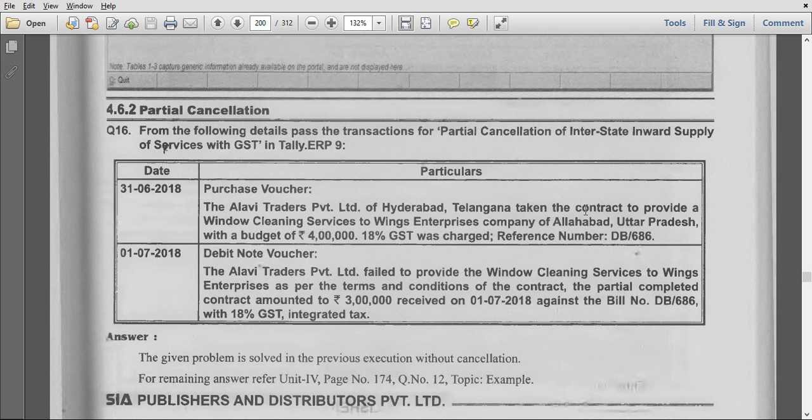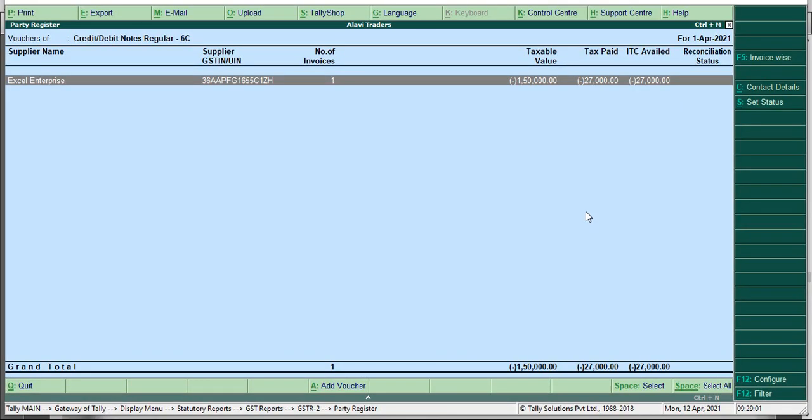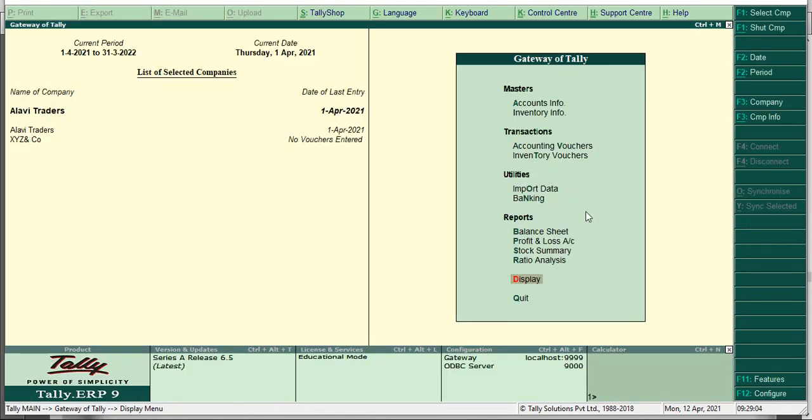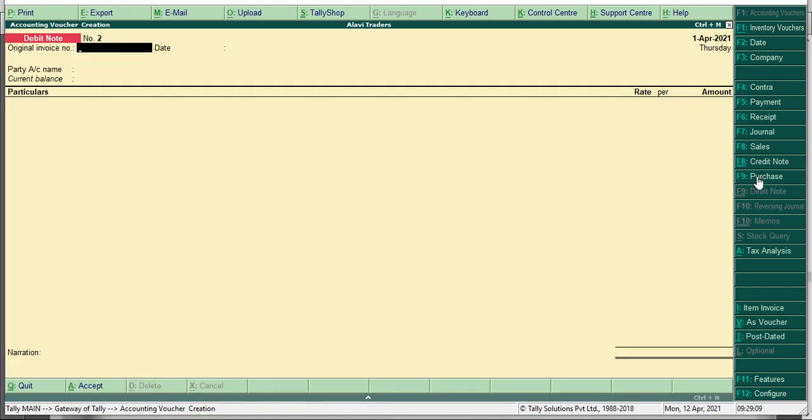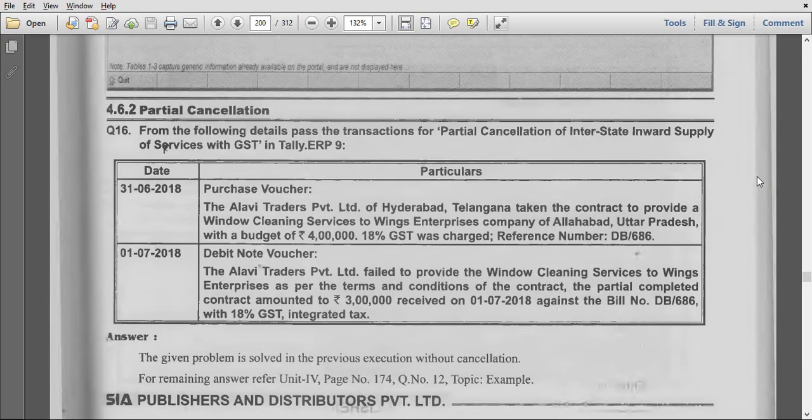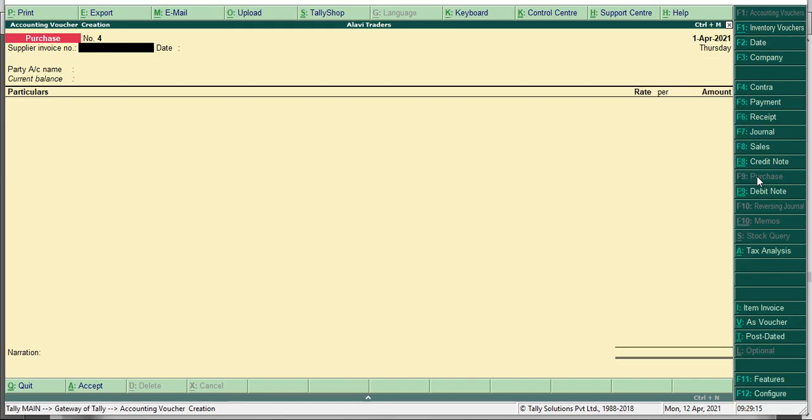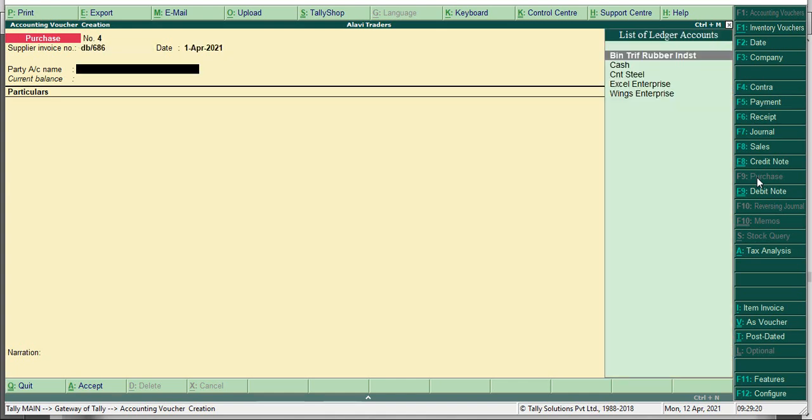Now we can also go with partial cancellation, where some part of the services we can cancel. So here we have one more transaction with Wings Enterprise, Allahabad, Uttar Pradesh, for window cleaning services. Again we go with the purchase voucher. The invoice number is DB686, party name Wings Enterprise.